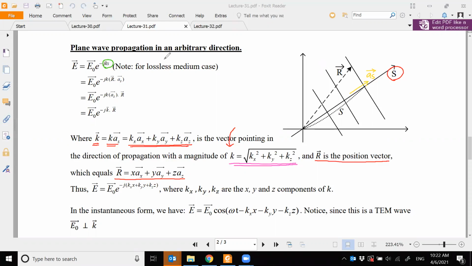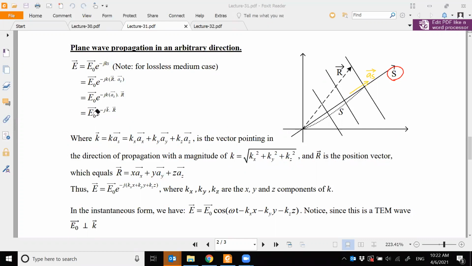That's why now we are representing it in the form of a vector, k bar dot r bar. And if you take the dot product of this, then it will be written as this.